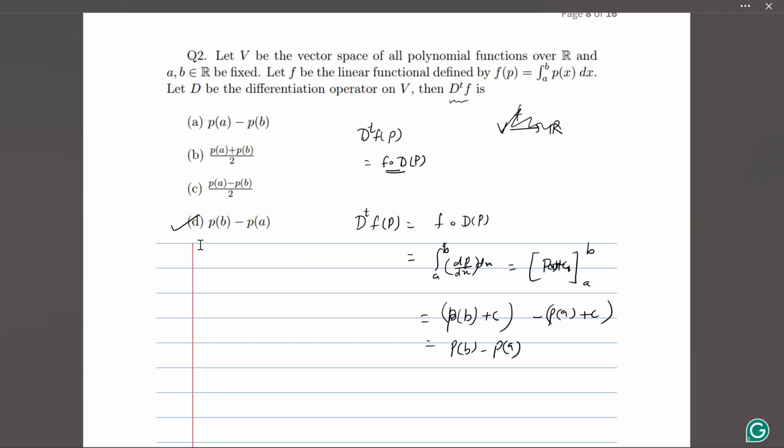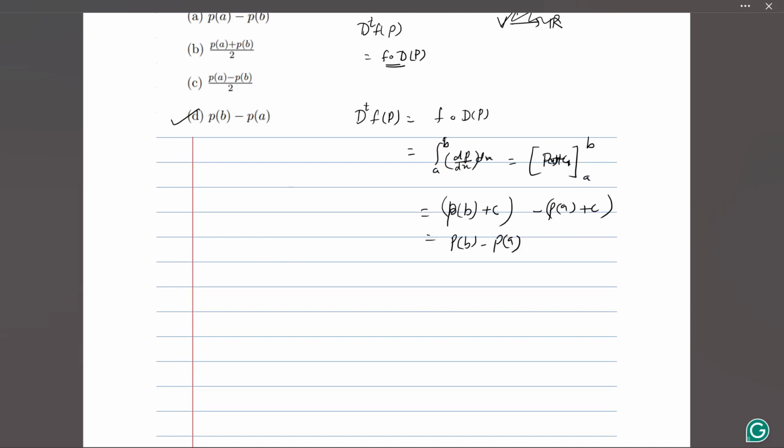Everyone understood this, right? So there was this relation. Let's say I is integration and D is differentiation. So what is the relation? First you integrate, then differentiate. This will be equal to identity only.